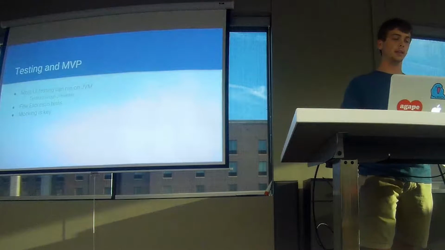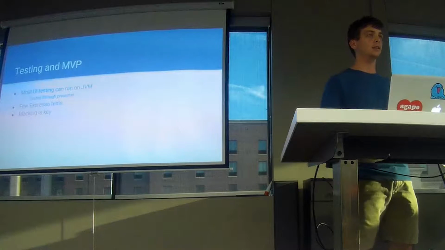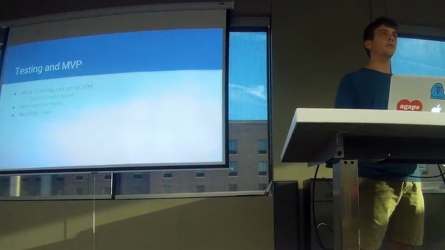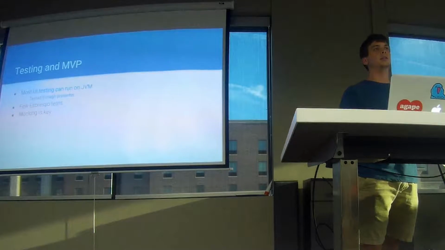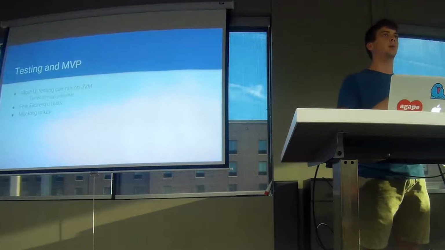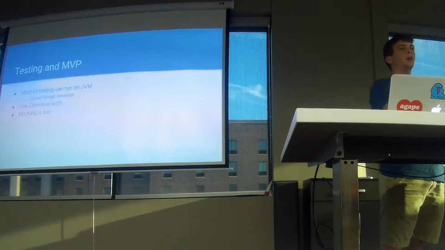So that makes it very nice, and the amount of Espresso tests you write goes down because you're testing a lot of your UI components. There are only a few Espresso tests. Just say you trigger an alert dialog, you want to test to make sure that alert dialog displays. You'll do stuff like that, or make sure you're on the proper screen, or the general flow of the app.